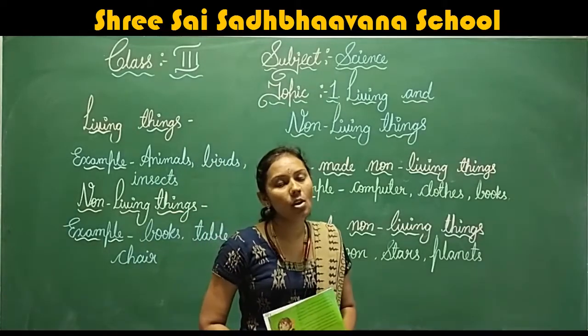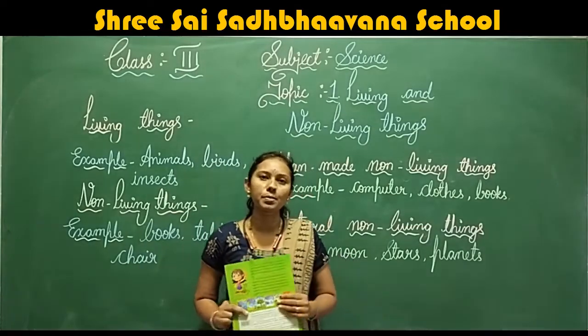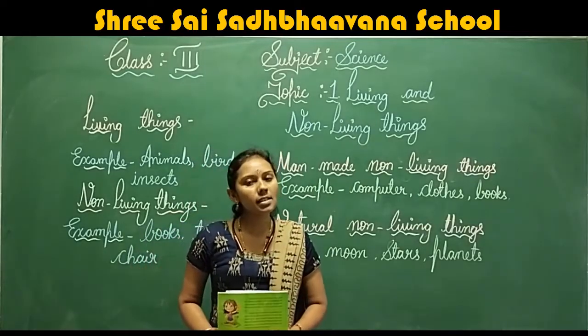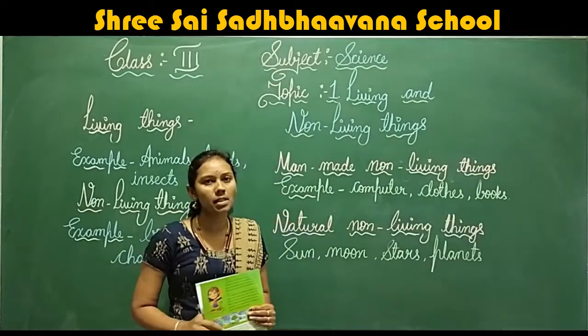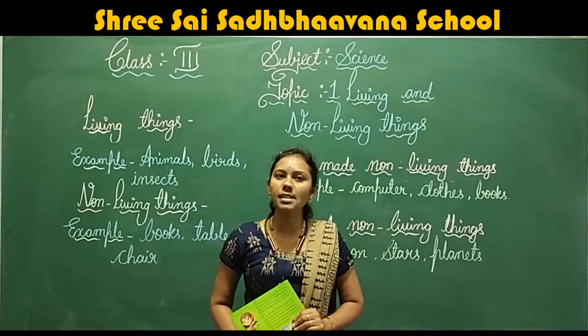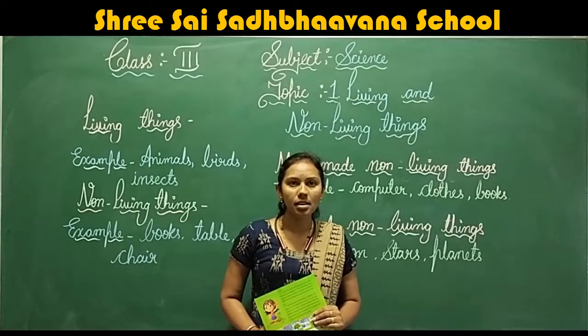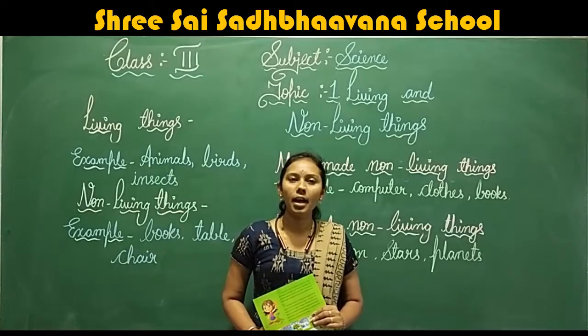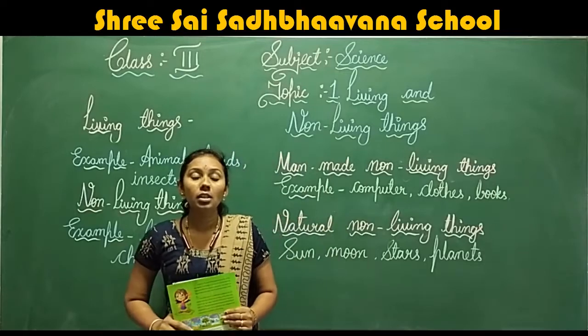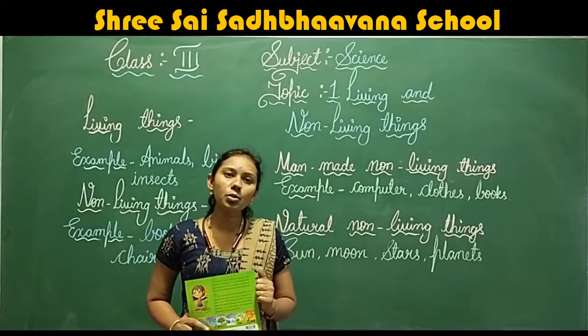So these things are divided into two groups, that is living and non-living things. Let us discuss now what are the things that come under living things. Children, creatures like animals, plants and human beings will move, right children? Why do they move?